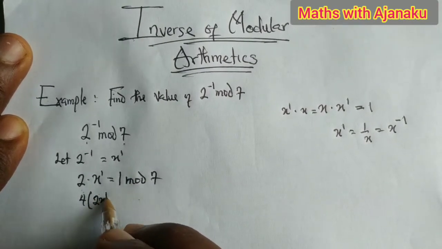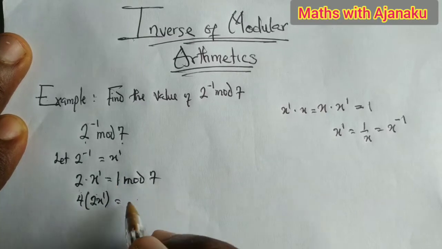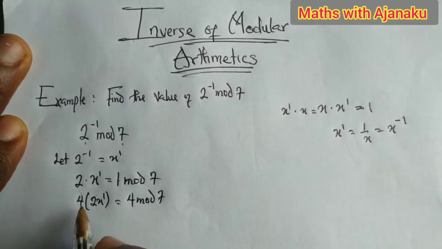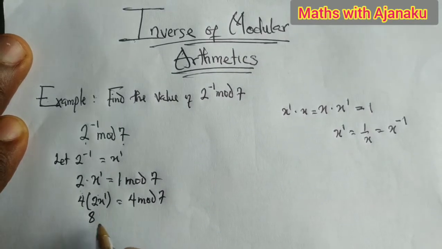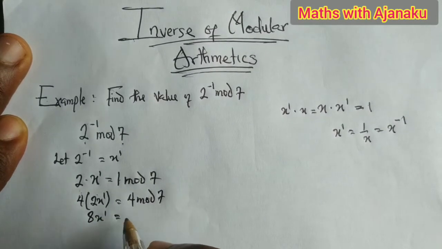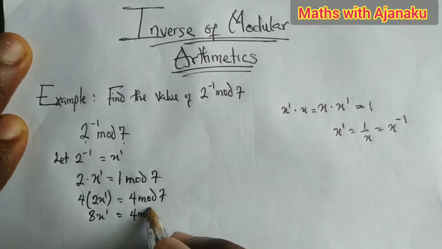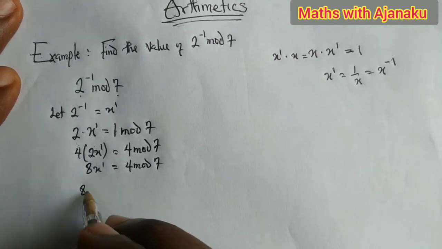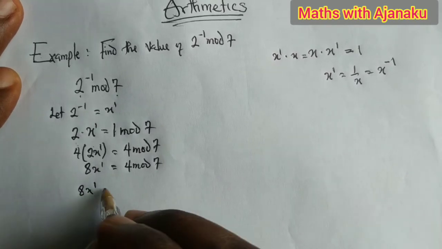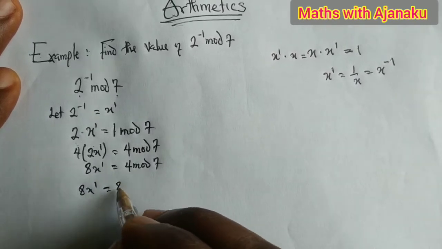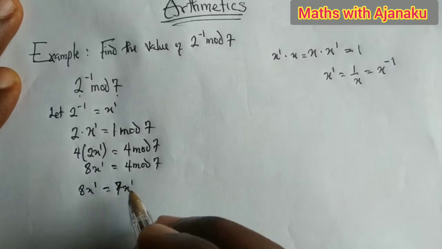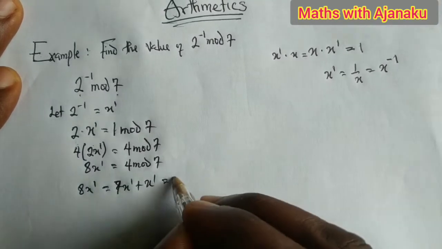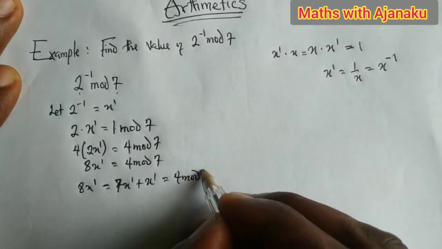2x prime will be equal to 4 modulo 7. So with this, I have 8x prime equal to 4 modulo 7. But 8x prime can as well be written as 7x prime plus x prime, which is equal to 4 modulo 7.